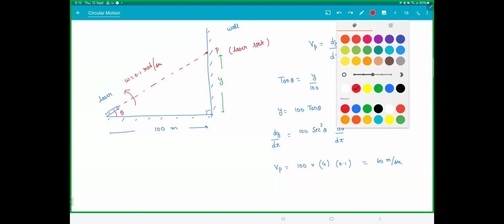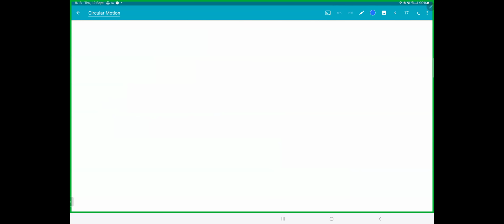Next thing. Now, how do you find angular velocity of one particle with respect to another? This is another important concept.